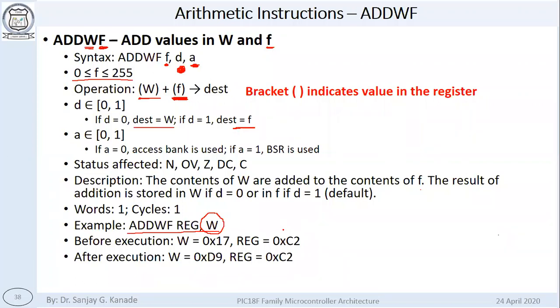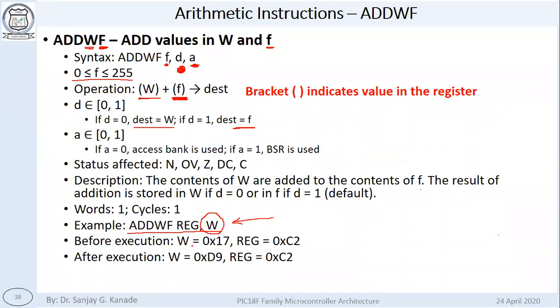This is a facility provided by the PIC18F458 assembler that we use. Instead of writing the value of D as 0 or 1, you can write W directly. It indicates that the result will be stored in the working register.